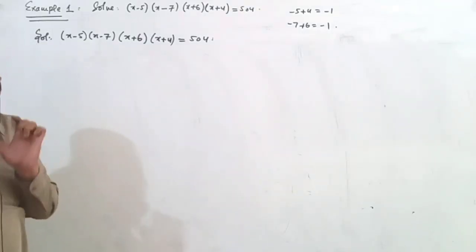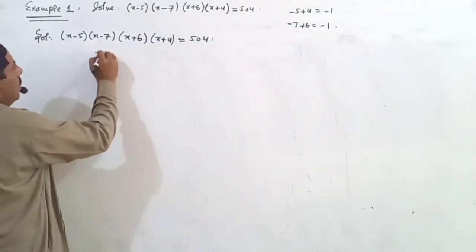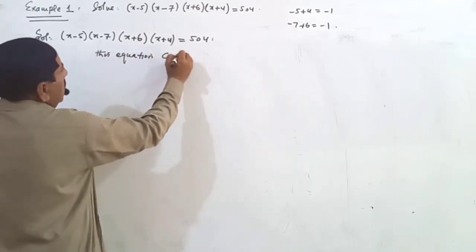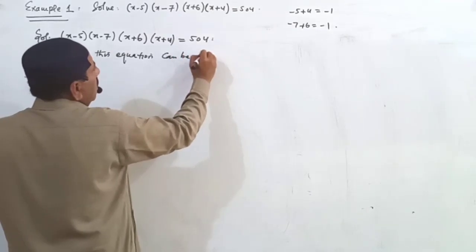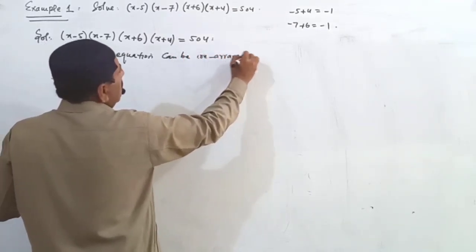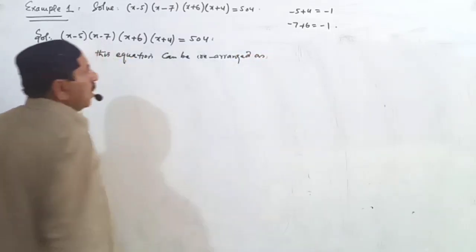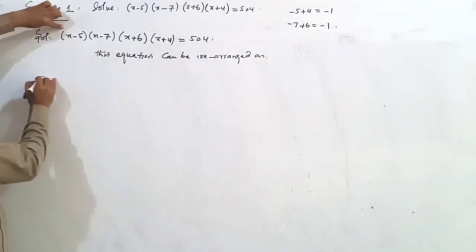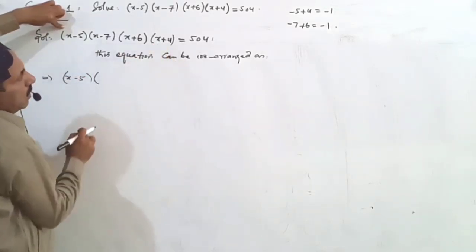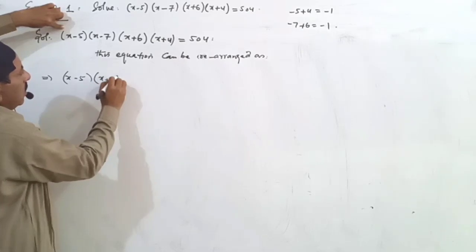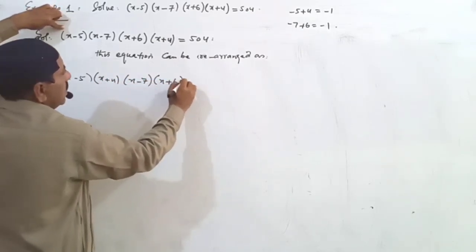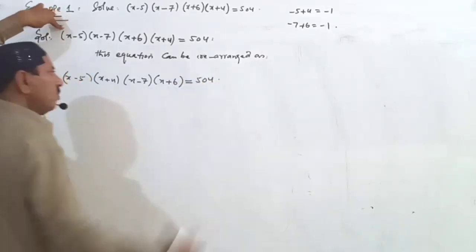This equation can be rearranged as (x minus 5)(x plus 4)(x minus 7)(x plus 6) is equal to 504.